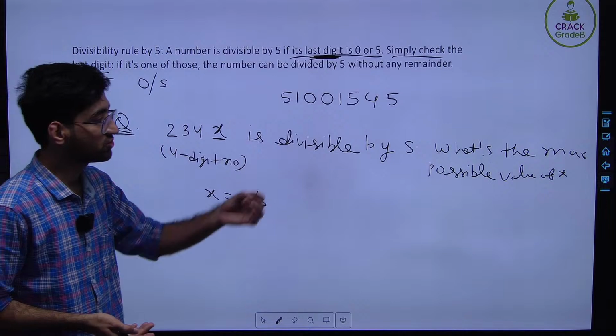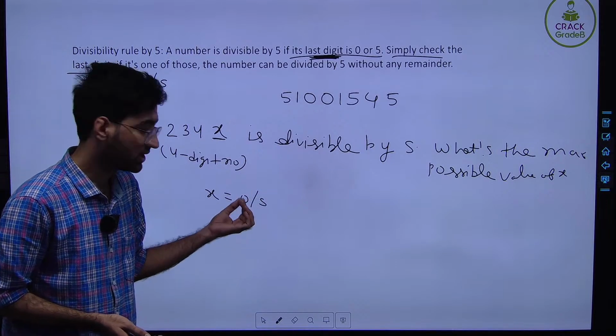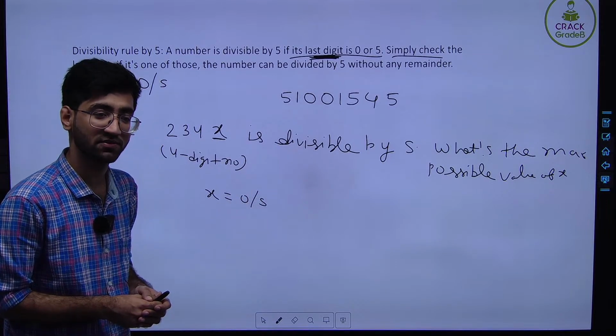Now you have been asked to answer the maximum possible value, so the maximum possible value is 5.